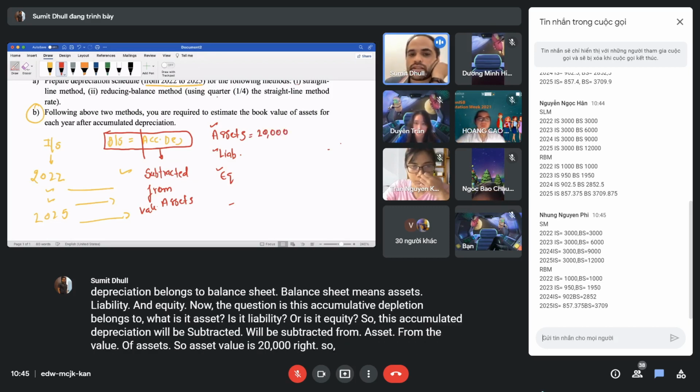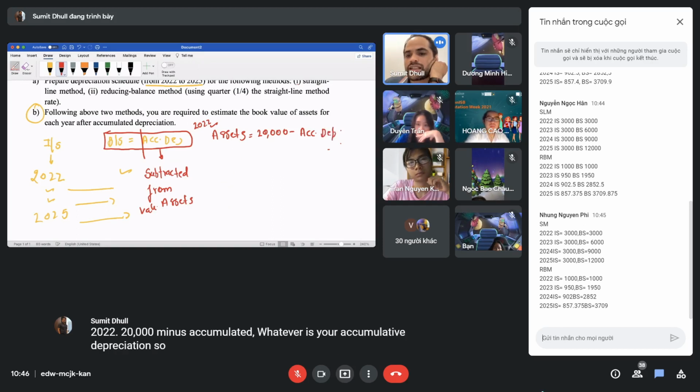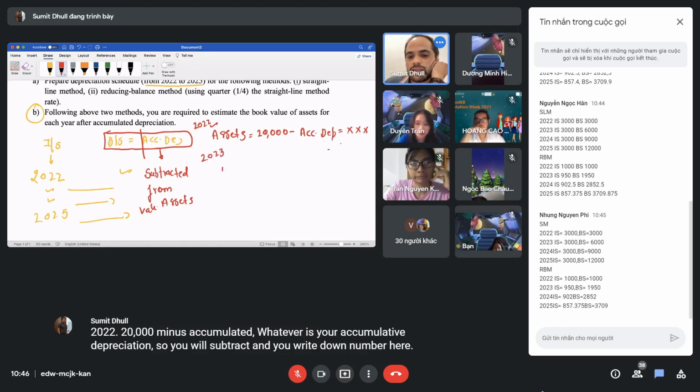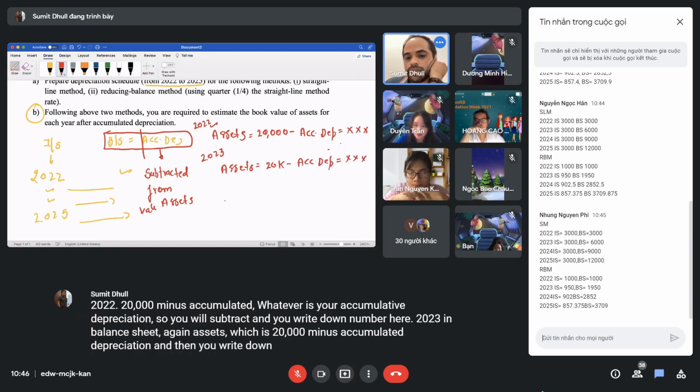So for 2022, 20,000 minus whatever is your accumulated depreciation. You subtract and write down the number here. For 2023 in the balance sheet, again, assets, which is 20,000 minus accumulated depreciation, and then you write down the amount here. Same thing for 2024.